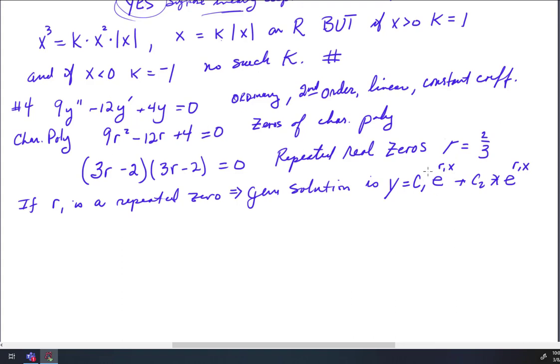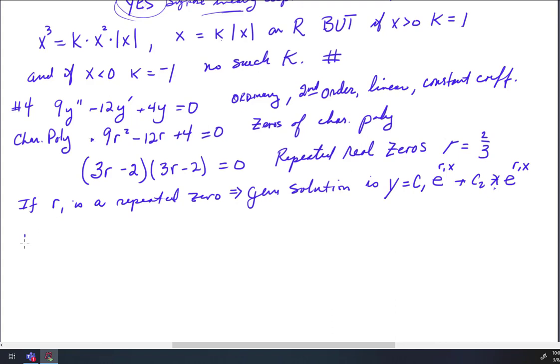Now you see the exponential repeats, e to the r1x, e to the r1x, if r1 is a repeated root, but I add an x to this second solution, and that makes these linearly independent solutions, and their sum will be a general solution for the starting differential equation.